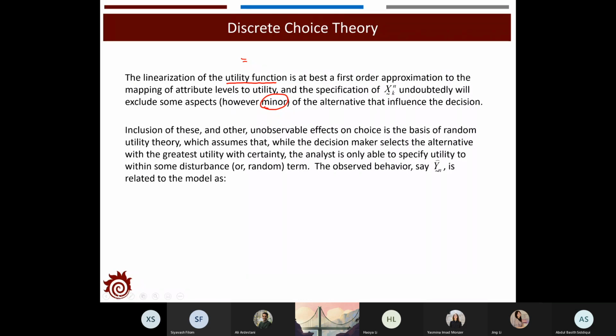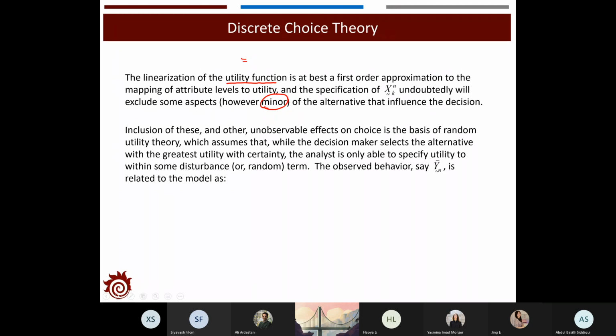So we will consider that the utility is also a random variable, and the decision making is also a random variable. For example, for you to travel from Hamilton to Toronto, if for 10 trips you probably choose the car 9 times, but maybe one day you're going to choose the bus. So it depends.